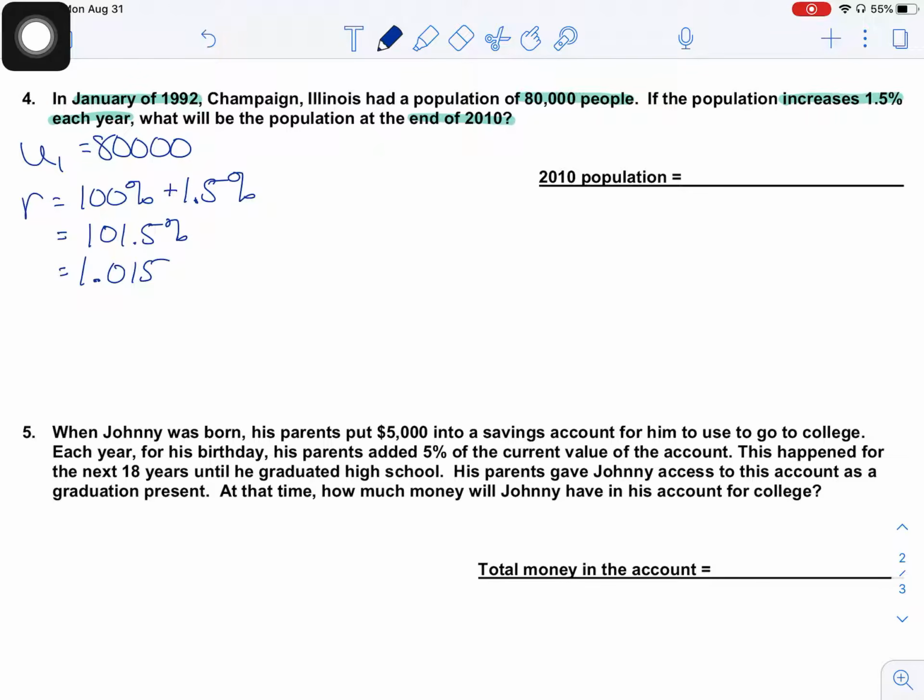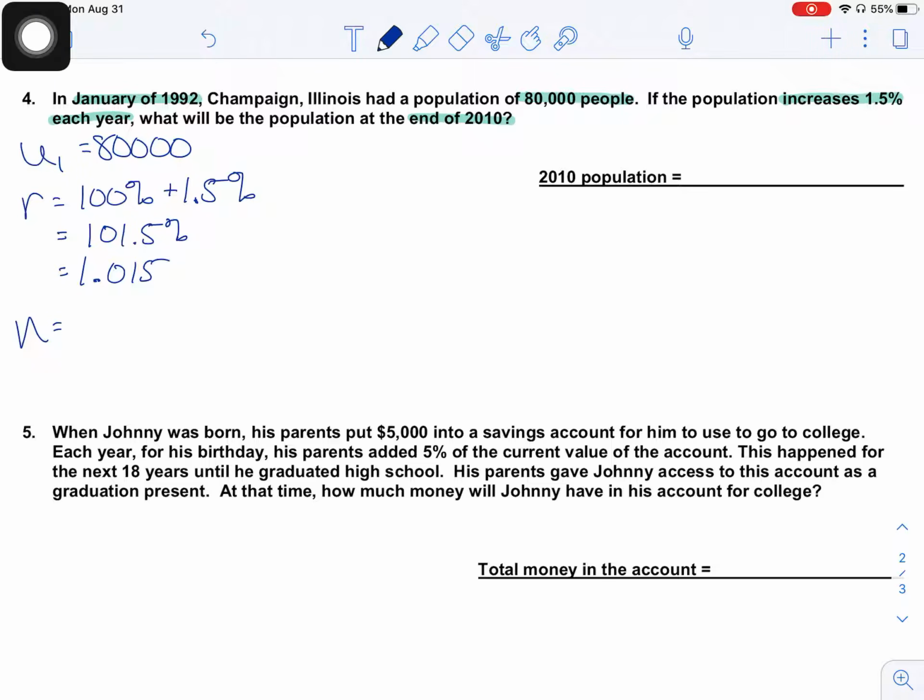So that's so much we know so far, and then I need to know how many years we are talking about. And this is a little bit weird because we're starting in January of 1992, but we want the population at the end of 2010. So from 1992 to 2010 is 18 years.